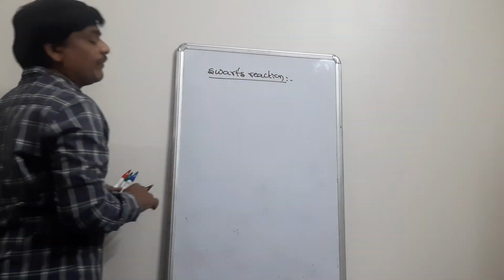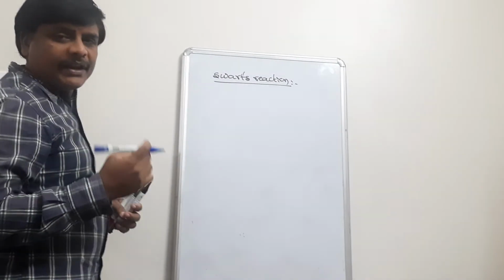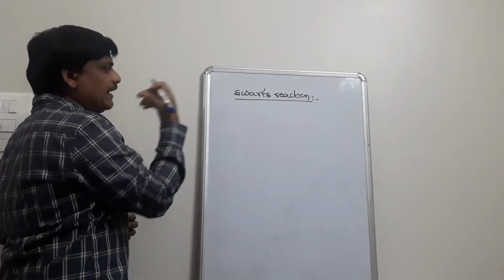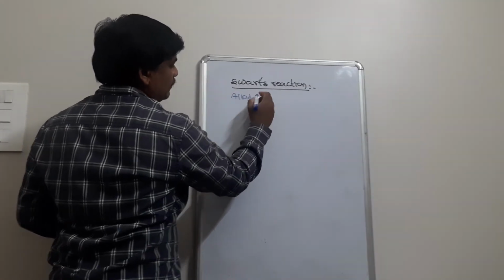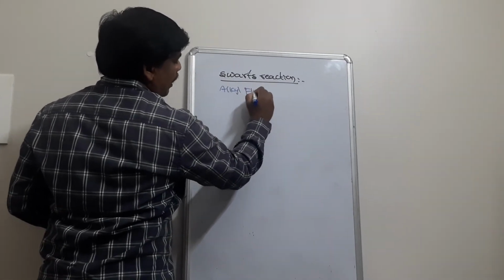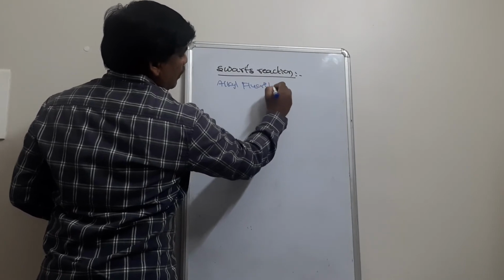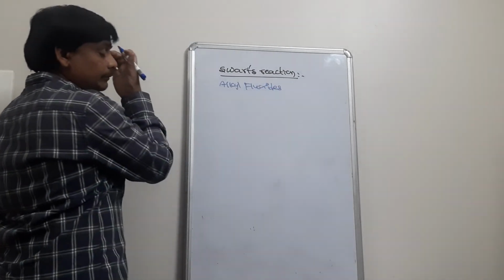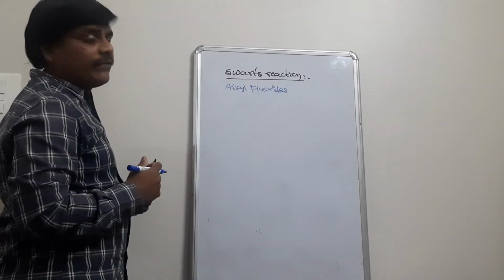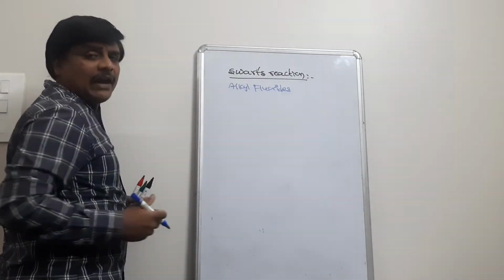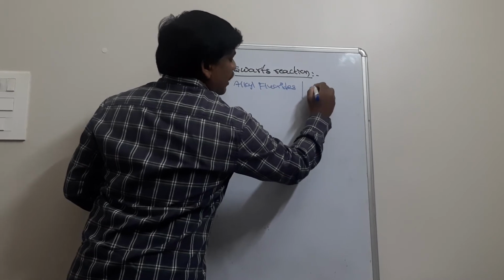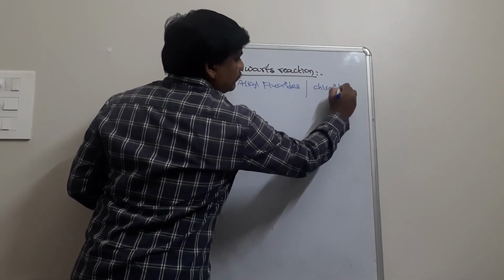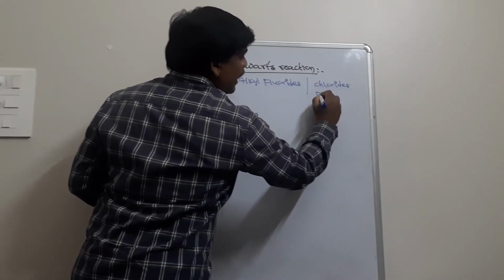In the Finkelstein reaction, we prepare alkyl iodides. In this Swarts reaction, we prepare alkyl fluorides. How to prepare alkyl fluorides? For this also, only exchange of halogens is done. We have to take either alkyl chlorides or alkyl bromides.